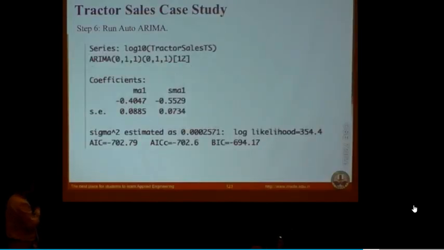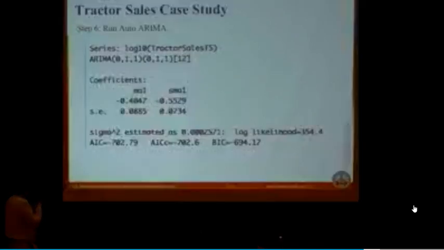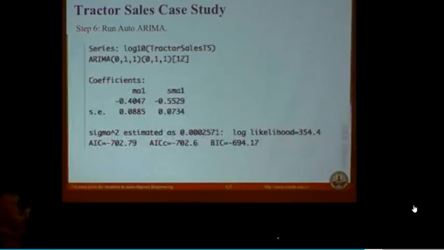Auto arima is giving me (0,1,1)(0,1,1). See, it has only the moving average and the seasonal moving average term. That's all there is. And this is the log-transformed data.